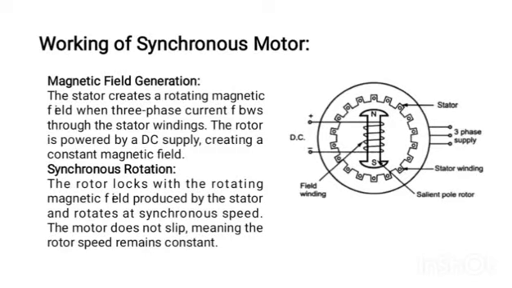Next, synchronous rotation. The rotor locks with the rotating magnetic field produced by the stator and rotates at synchronous speed. The motor does not have slip. So due to this, the rotor speed remains constant.